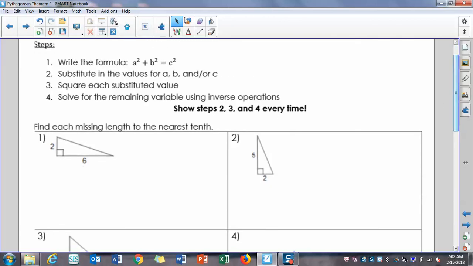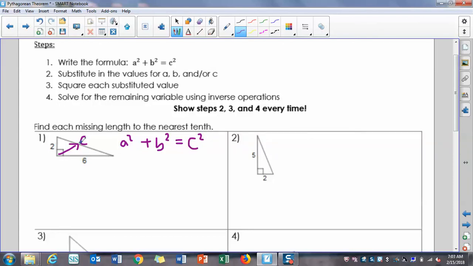Again, here we have 2, 6, and across from that right angle is going to be our c. So we are here solving for c. So we have a squared plus b squared equals c squared.